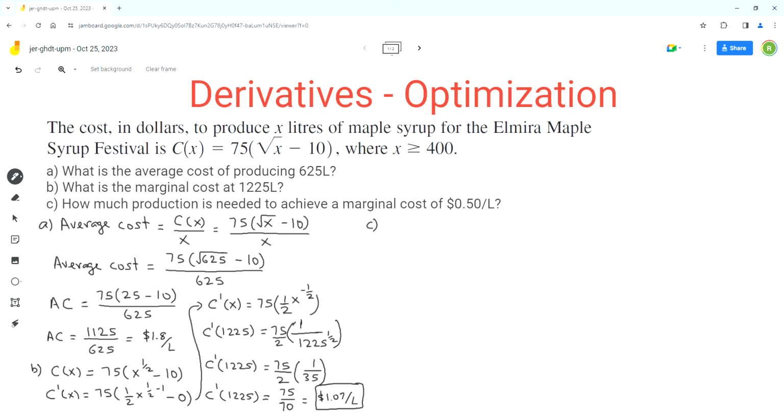For this we'll use the C prime of x function, and we are given that the marginal cost is 0.50, so we'll sub in 0.50 on the left side of this equation. Then we get 75 times 1 over 2, and we can move x to the denominator to make the exponent positive.